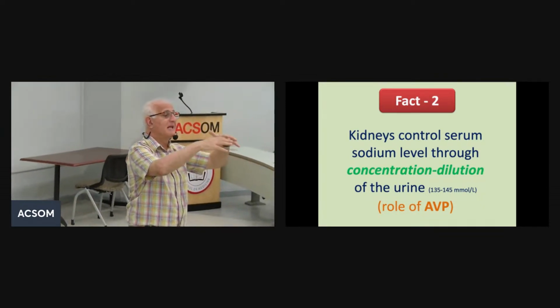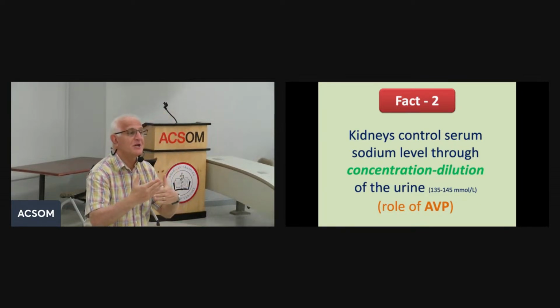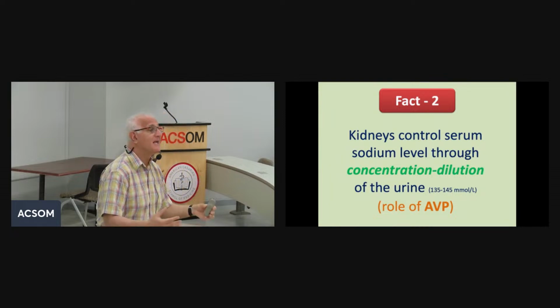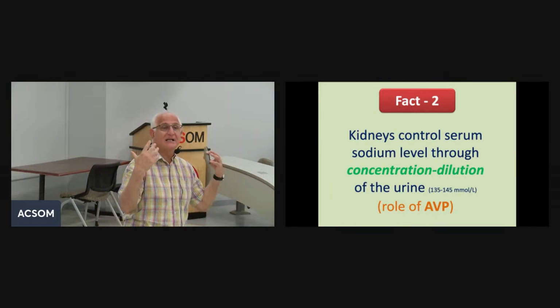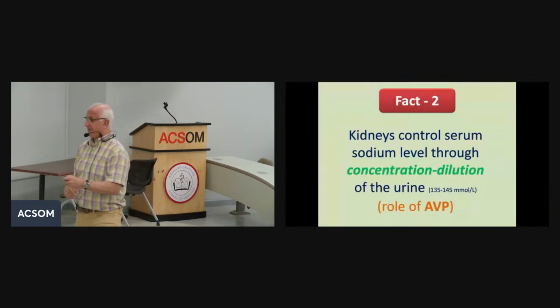So the water comes in and dilutes back the serum sodium. So dilution and concentration through AVP is the way the kidneys handle the homeostasis of sodium. Does that make sense, guys? And we're going to hear about it more, so if you didn't understand.